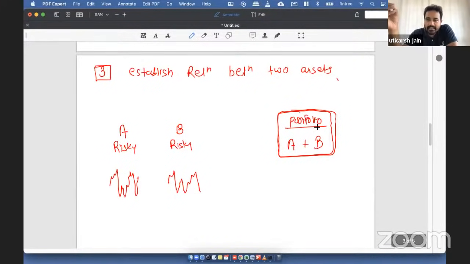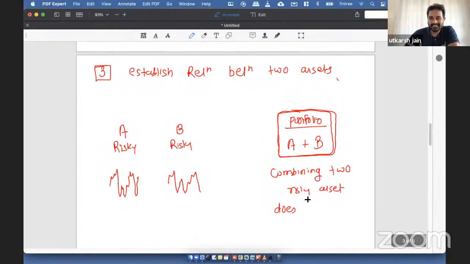All right. So the answer is, and this is kind of a eureka moment for some of you, not necessarily. What I mean by that is combining two risky assets does not necessarily imply a risky portfolio.